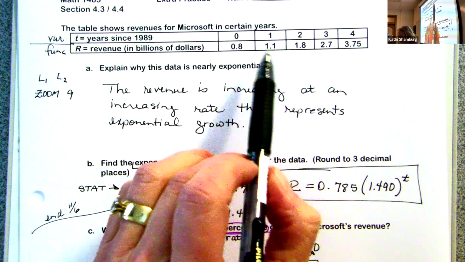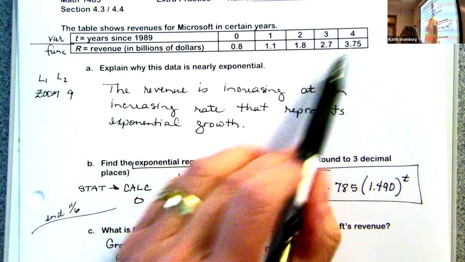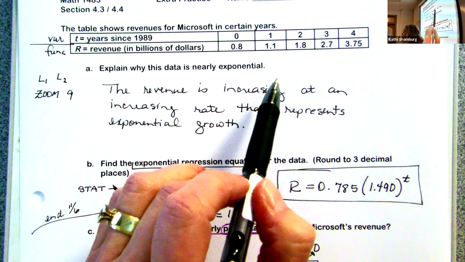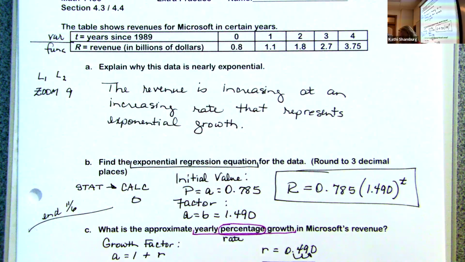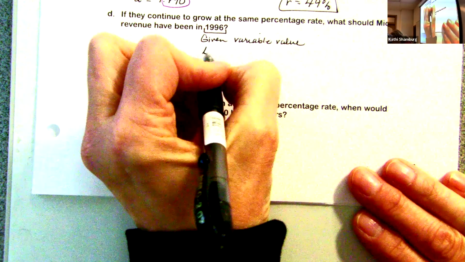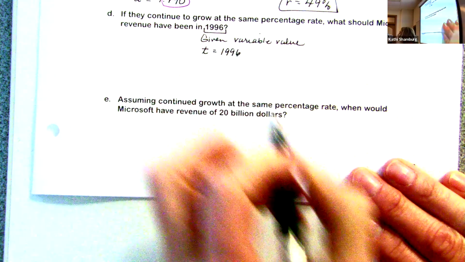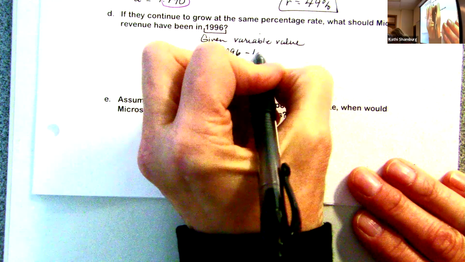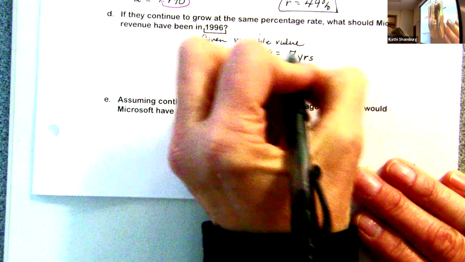Some tables might say 1989, 1990, 1991, and so forth. So if you were going to put those lists into your calculator, you need to do 0, 1, 2, 3, 4, but not the year. Okay, so be careful of that. All right, so the variable is T. So T equals, is it T equals 1996? No, correct. We need to subtract the since 1989. So T is 7 years.